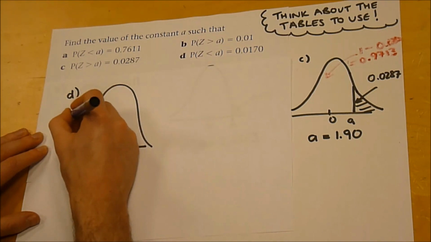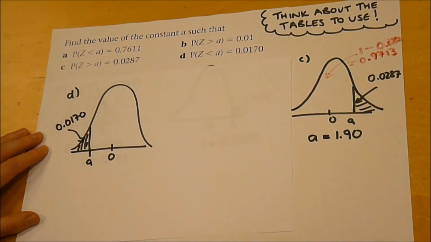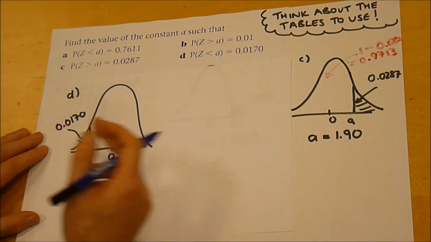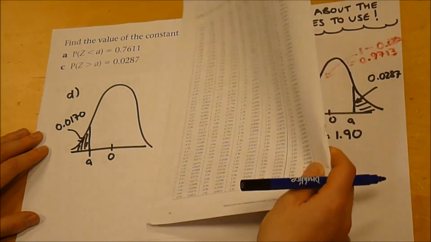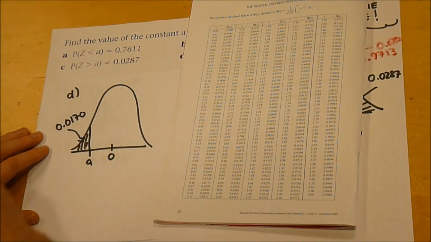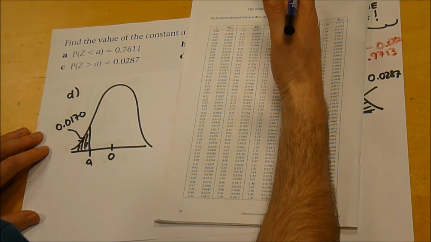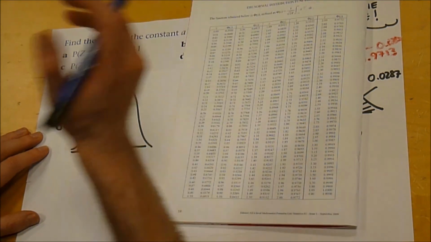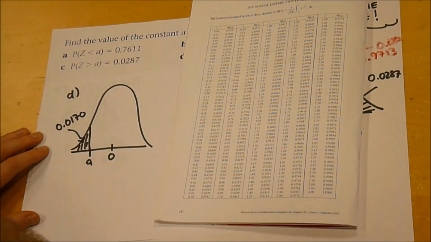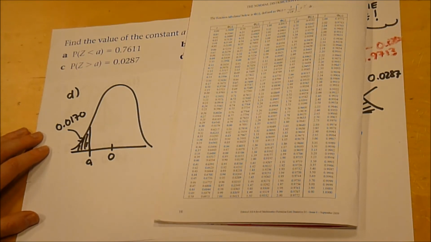So this is 0.0170. Well, normally we would go to our tables and look up which value gives us a probability of 0.0170. But if we try that in the tables, the smallest probability is 0.5. So that seems like a bit of a problem. We can't look up a probability of 0.0170.